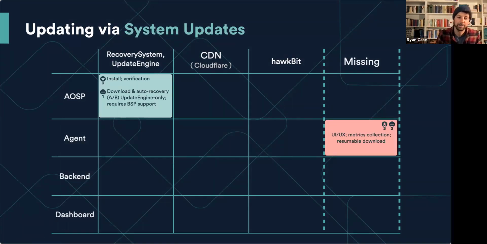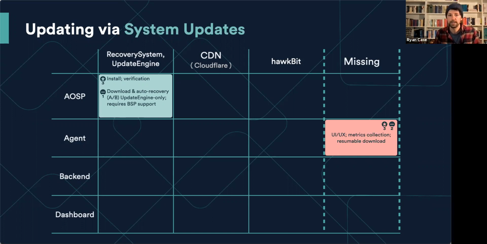One area again where we're going to lose is in implementing an agent. So we're going to have to think about the UX of the install process. Do we want that headless, or do we want a UX flow? We're going to have to think about whether or not we want metrics collection to monitor the quality of service of our CDN that we'll talk about in a second.